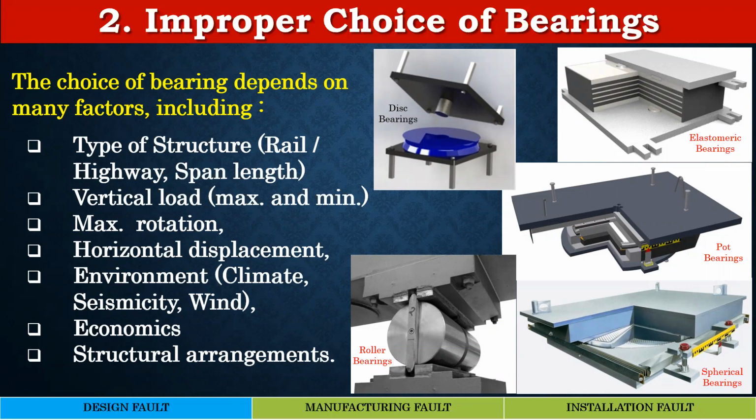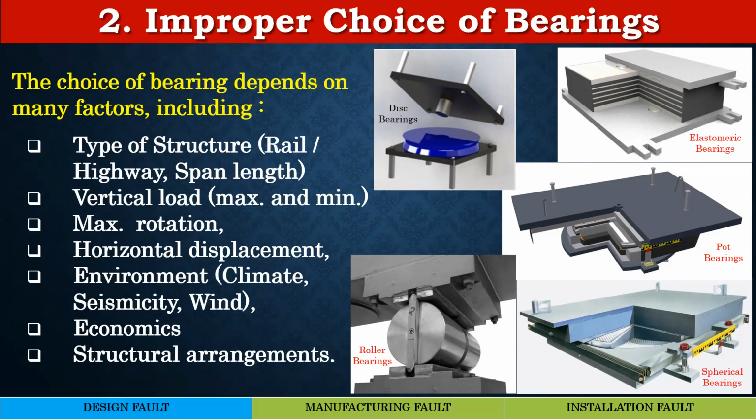So there are many examples of bridges where the wrong choice of bearing has been adopted, and subsequently it led to problems. As an example, I can quote that in all the recent expressway projects in India, spherical bearings are abundantly used even for short spans of 15 meter, 12 meter or so.